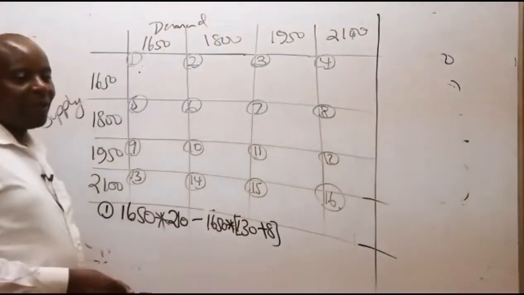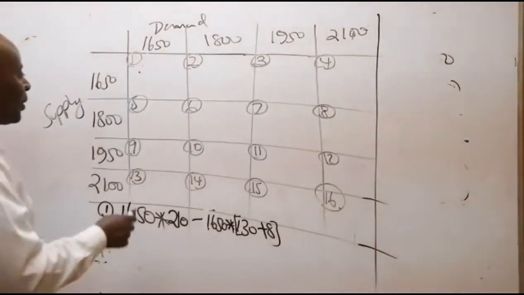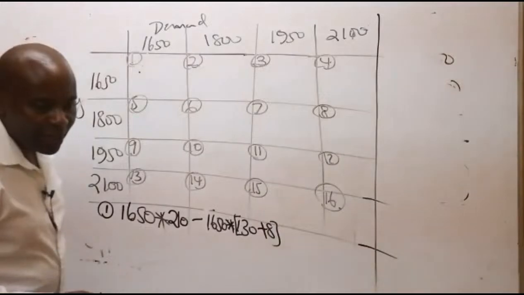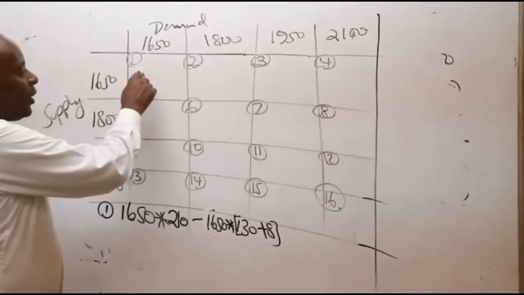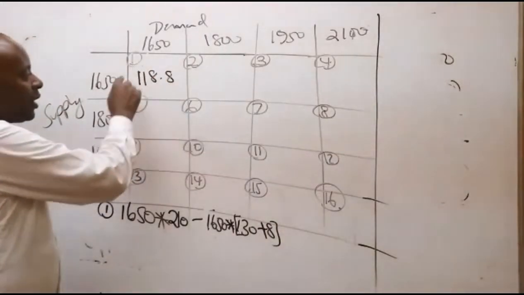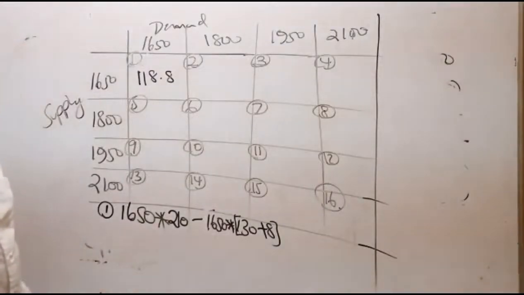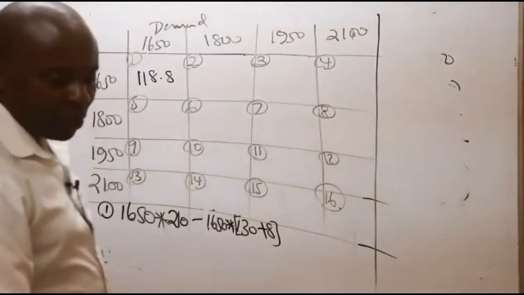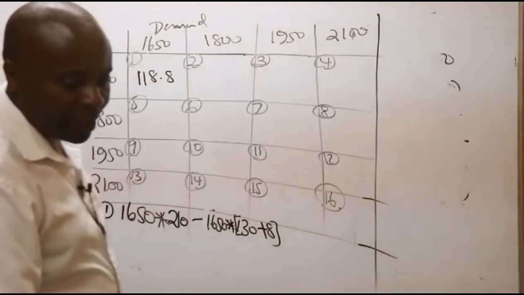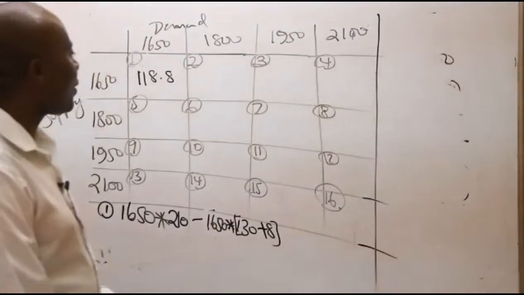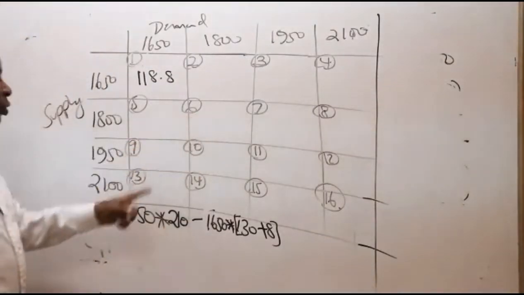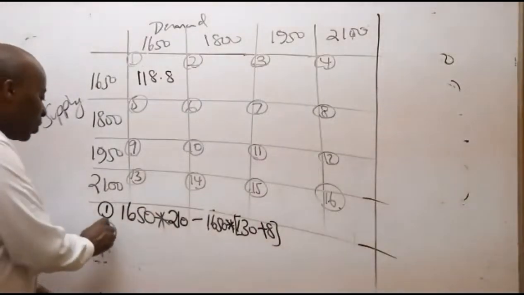Okay. So in this case, ladies and gentlemen, somebody is giving me a figure of 118.8. I want my figures to be in terms of thousands. So Mengich tells me 118.8. Thank you very much. Let us go first of all for the perfect matches. So perfect matches, let's go to number 6.